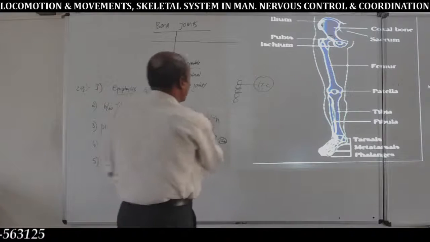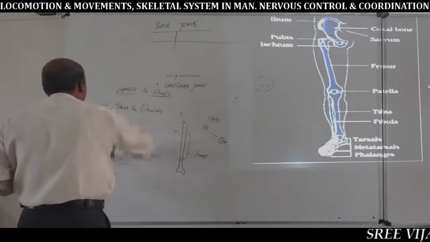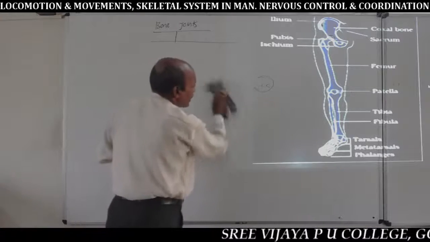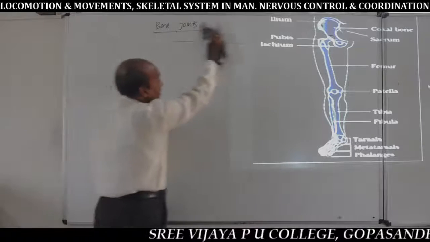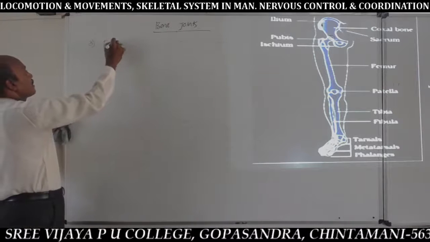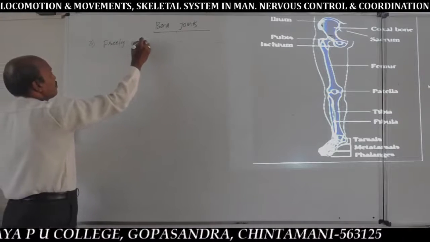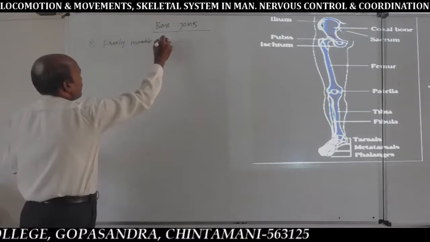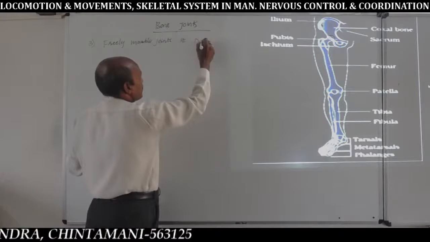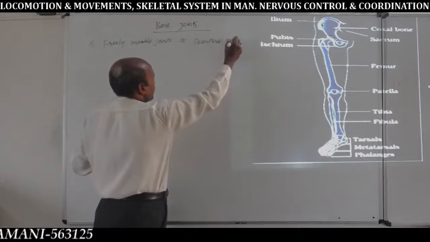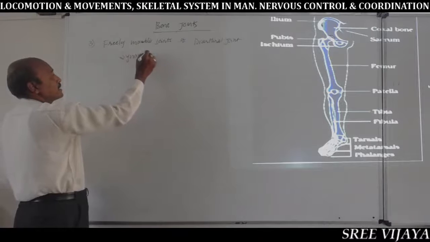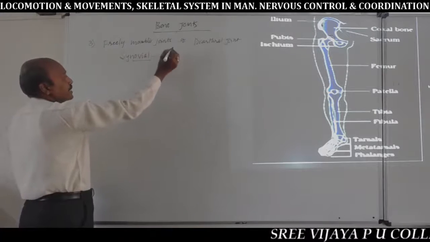And the last one is the very important freely movable joints. Freely movable joints are diarthral joints, and one more important name is synovial joints.